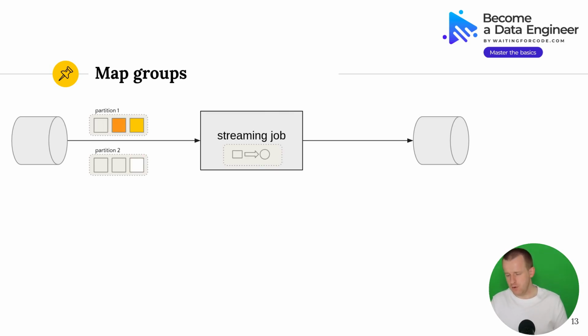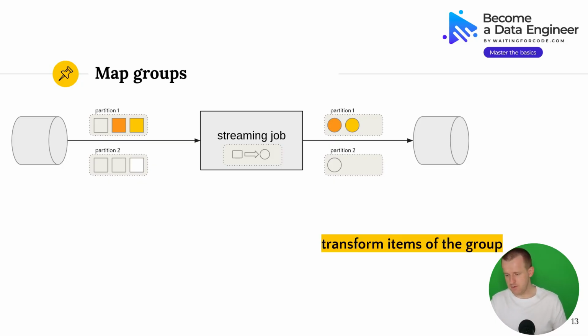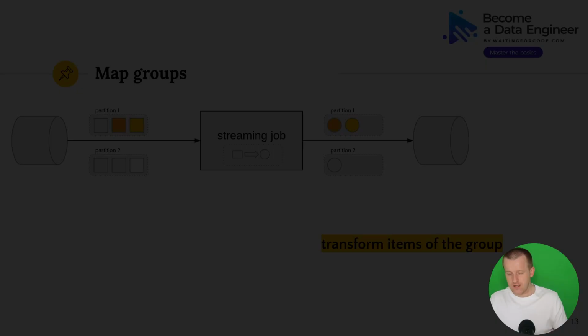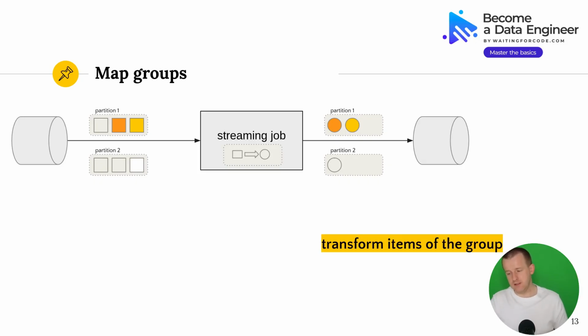There's also map groups, which is kind of specialized, or maybe the follow-up for the group by from the previous slide. Here we are grouping data in the same partitions and transforming them into something different. The purpose is to transform items of one group sharing the same key.